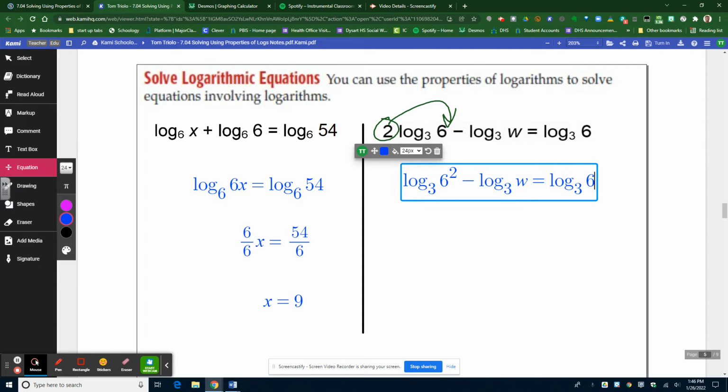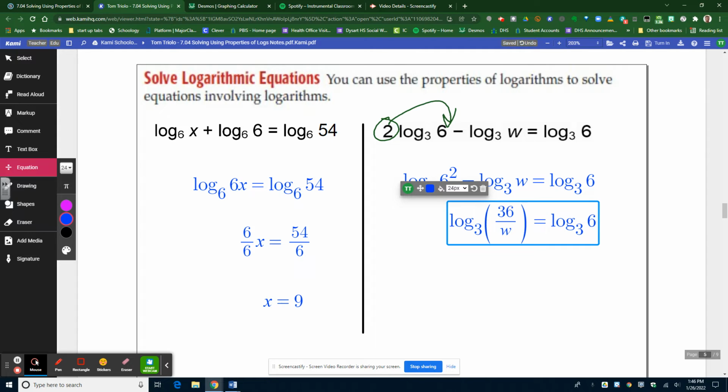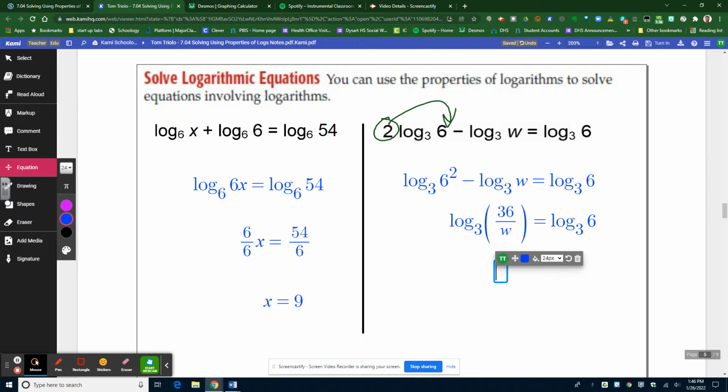Change my subtraction of 2 logarithms into division of 1 logarithm. And change my 6 squared to 36. So I am going to put this in parentheses. You don't have to. I think it works quicker for me anyway. Once I have a single logarithm on both sides, I can remove the logarithms. I take the anti-log. And now it's just 36 over w equals 6.